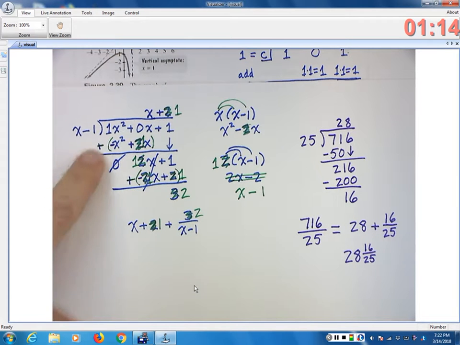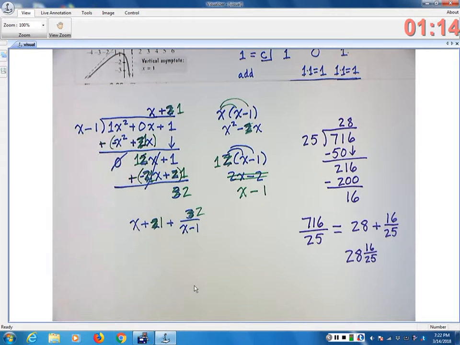But here we had terms, so that's why I changed it to positive and distributed that minus sign. So that's long division. You can do it either way, but it's easier to do synthetic division. And you're allowed to use synthetic division. You just would show that work.